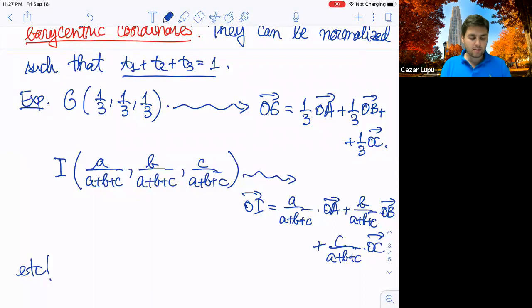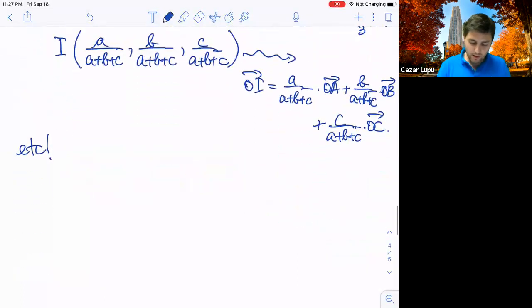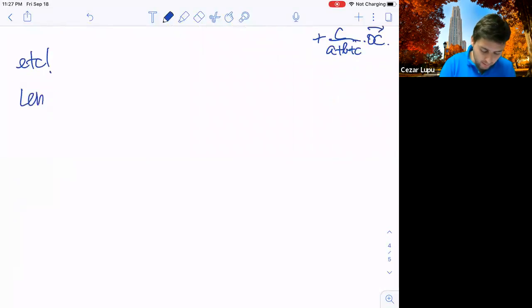Okay, now there is a thing here that I would like to talk about. We have the following lemma, which I will not prove, but it will be useful for our problem because I would like to express the area of my triangle PQR, since I already know the barycentric coordinates at this point. So the lemma says the following.